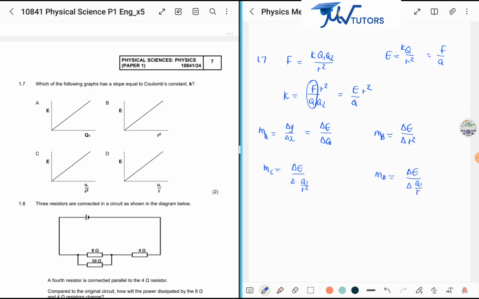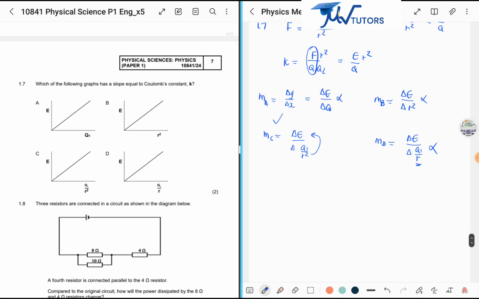We have E over Q, we're missing R squared. Here we have E over R squared, we're missing Q. Here we have E over Q, R squared, actually this R squared can go up there, so yes, option C is giving it. Then we have E, QR, we're missing an R squared, so no. So our option here, I hope you see it nice and clear. We basically have E, R squared over Q1, that's option C, right? So C is the correct answer.